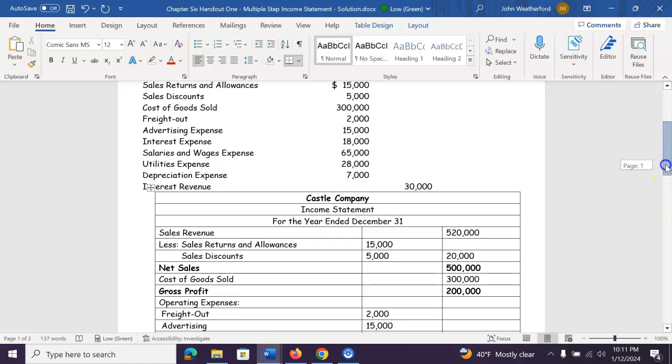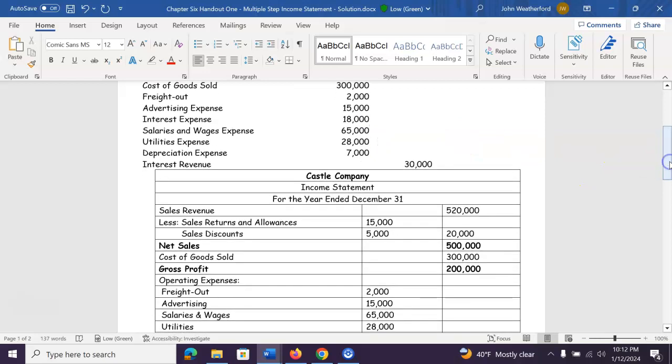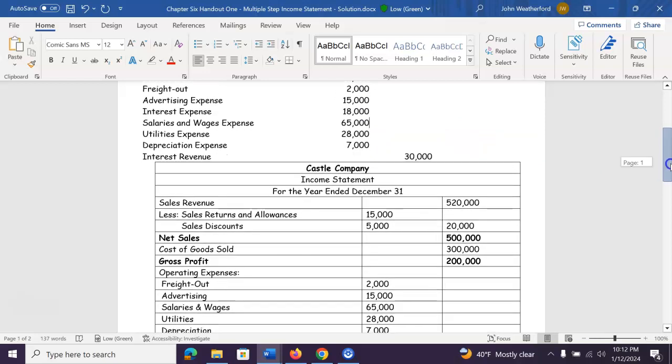Then interest expense and interest revenue would have to be shown separately at the bottom in the section I mentioned earlier, other revenue and expense. So we'll skip over that one for now. We have salaries and wages expense, utilities expense, and depreciation expense.